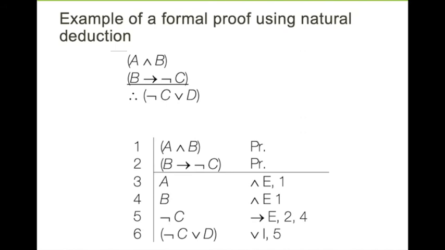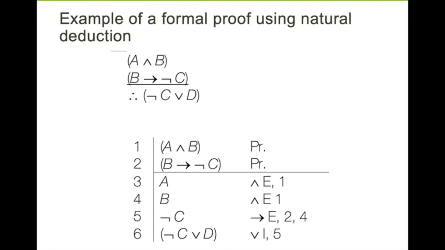Lines 3 through 6 reflect applications of the rules of the natural deduction system. Note again that each one of those lines, 3, 4, 5, 6, is a sentence of truth functional logic. Then to the right is our justification for writing that sentence in the proof. For each justification, the rule used is named, as are any lines earlier in the proof that we had to use to apply those rules.